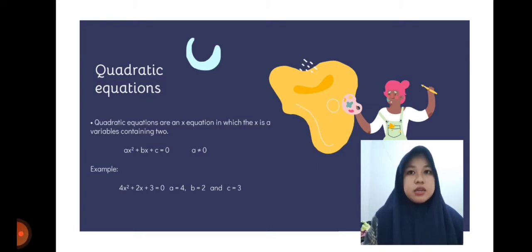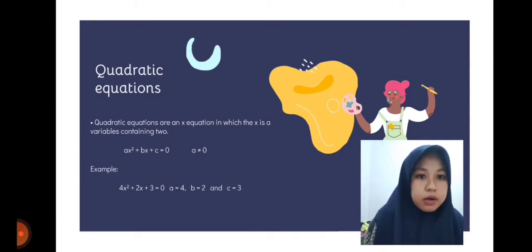In a quadratic equation, a is the coefficient of x squared and b is the coefficient of x. Example: for x squared plus 2x plus 3 equals 0, then a equals 1, b equals 2, and c equals 3.